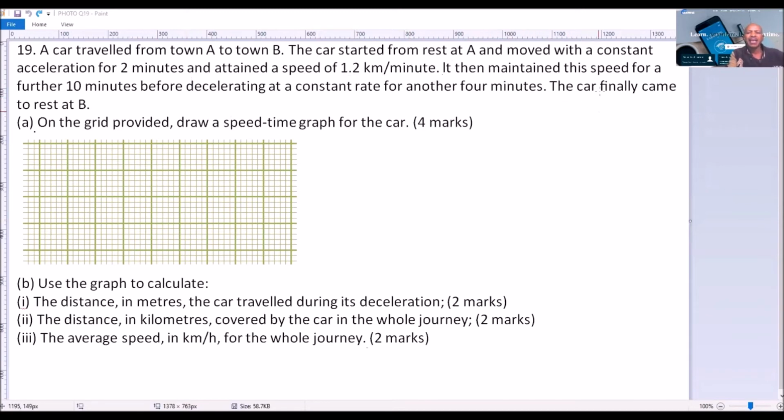It then maintained this speed for a further 10 minutes before decelerating at a constant rate for another 4 minutes. The car finally came to rest at B.